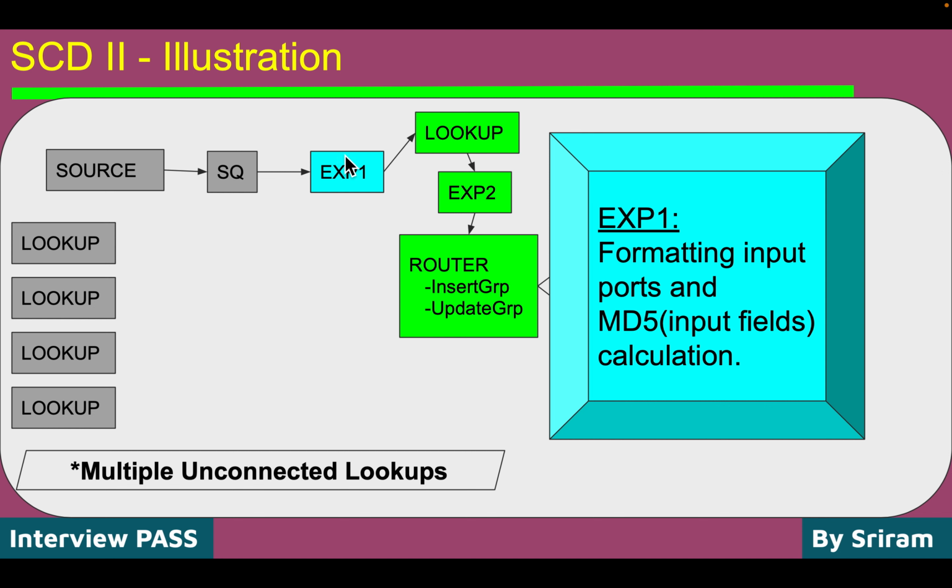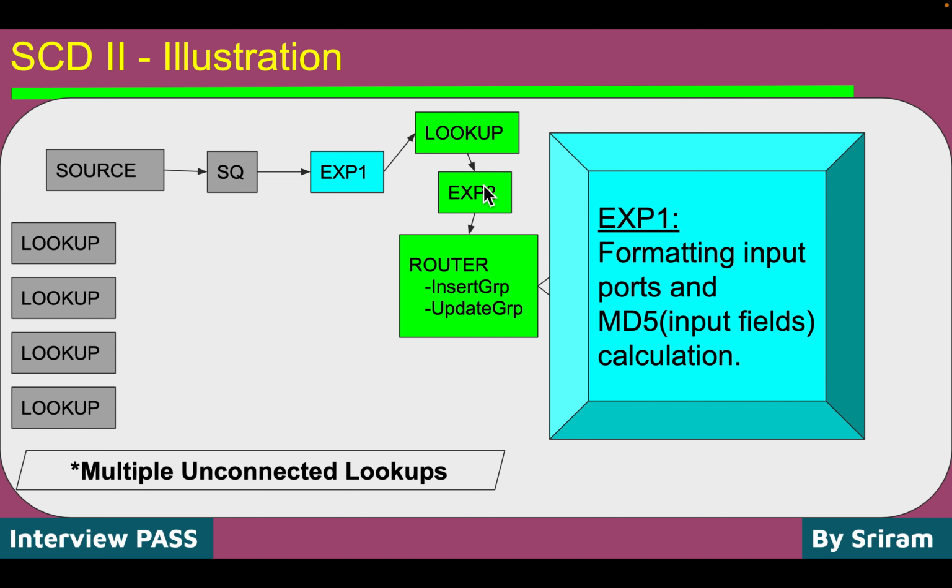And also, the input trade ID will be taken into the lookup to get the related values which are already there in the target table, to check whether it is already there or there are any updates. It may already be there and there may be some updates coming from source, or the target table doesn't have this record, that will be an insert. If it has it and there are changes coming from source today, then that will be an update group.